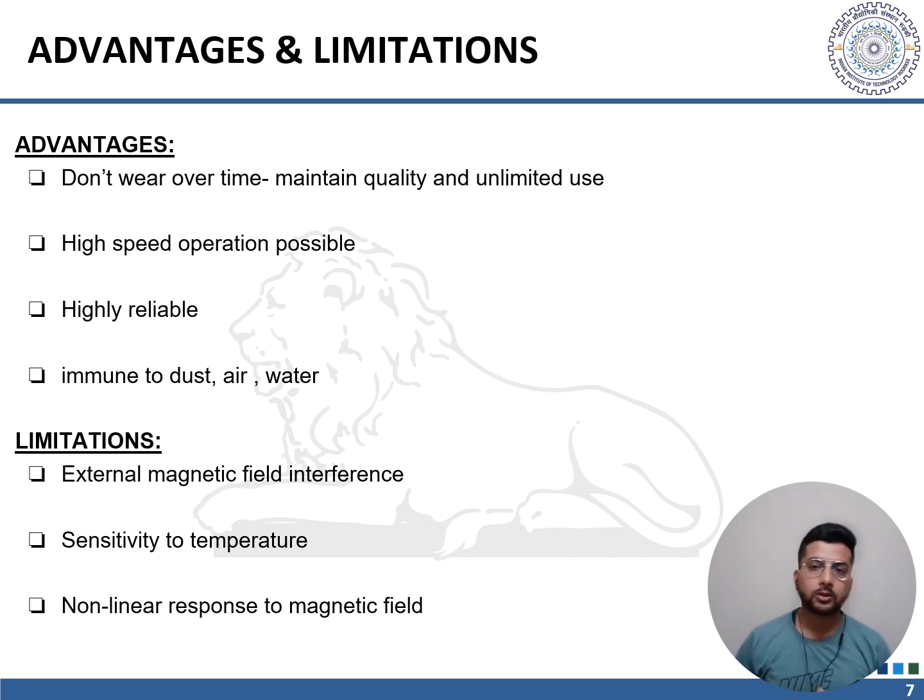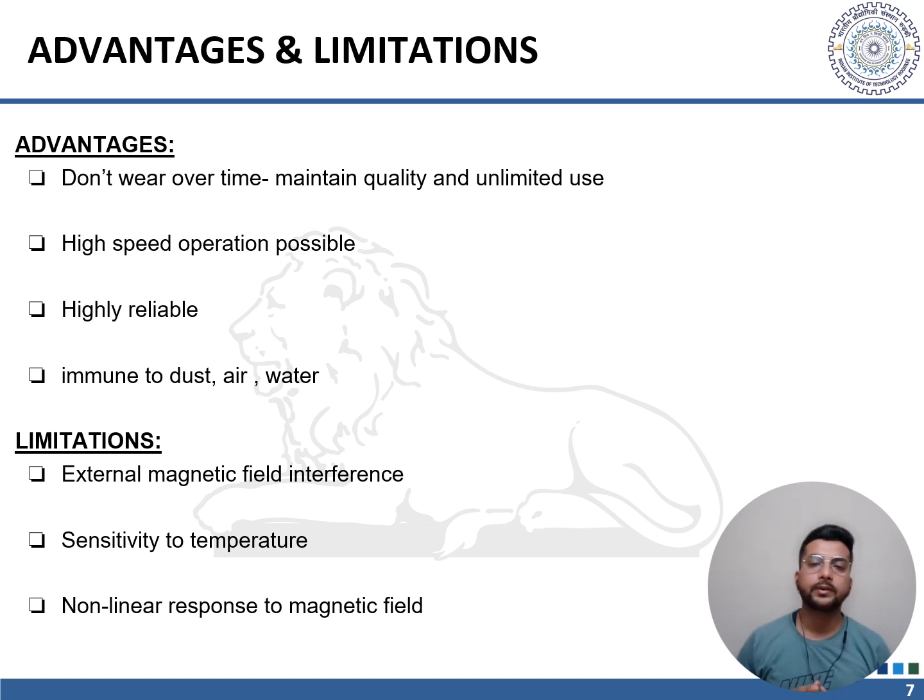These sensors do not wear over time, so they maintain their quality and can be called virtually unlimited use. They can also be used for high speed operations, can detect zero speeds, and are highly reliable.